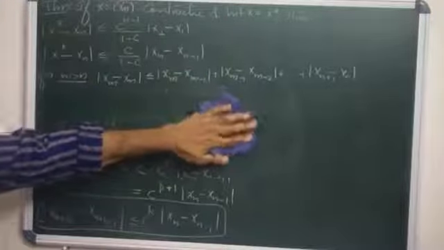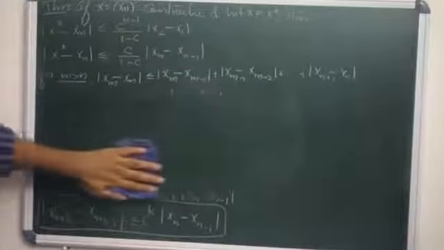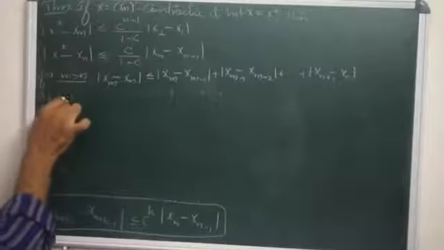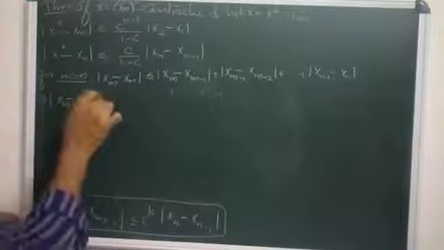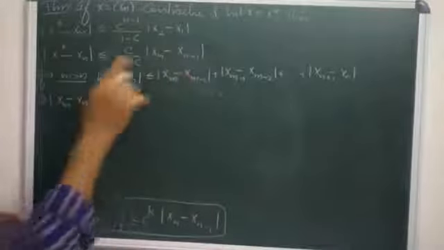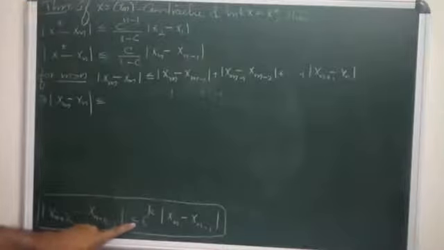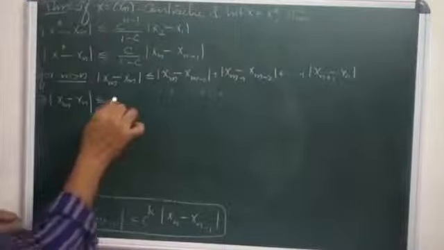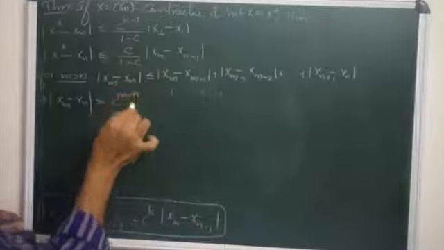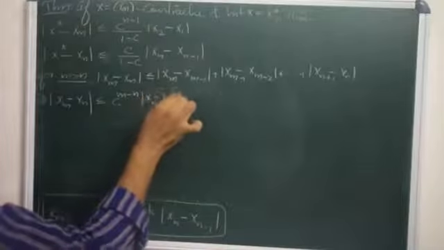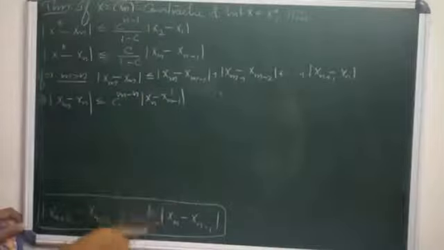Modulus of x_m minus x_n is less than or equal to the sum of consecutive differences. Here we know that mod x_m minus x_{m-1} is less than or equal to c^{m-n} into modulus of x_n minus x_{n-1}, because of this argument.